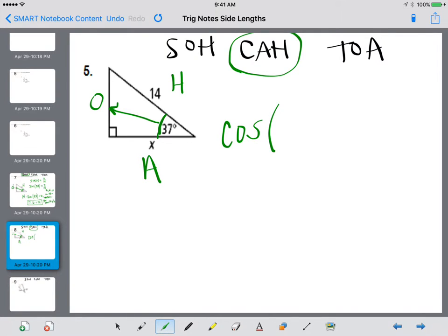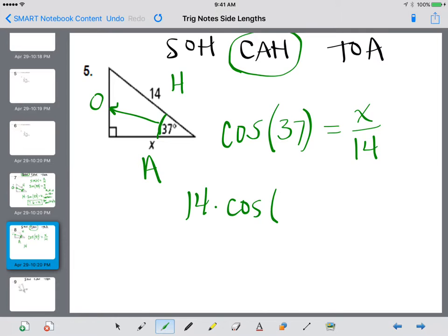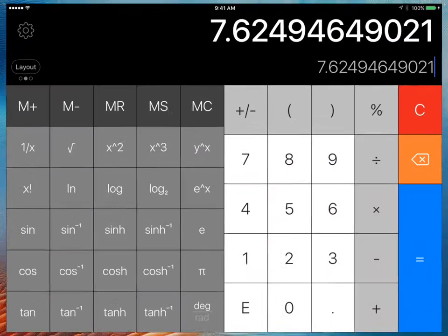So the cosine of the angle, that's where 37 goes, is going to equal the adjacent side, x, over 14. Again, notice the location. The number's in the bottom, so we're going to multiply. So I'm going to take 14 times the cosine of 37. That will give me my x. Let's go to the calculator.